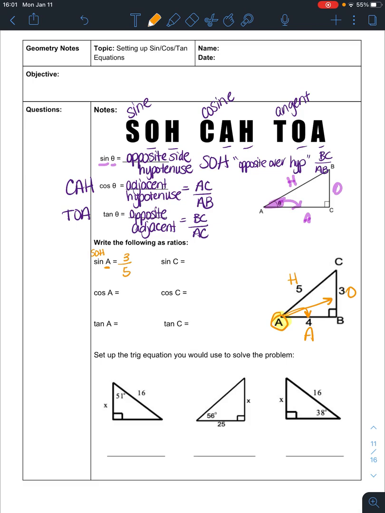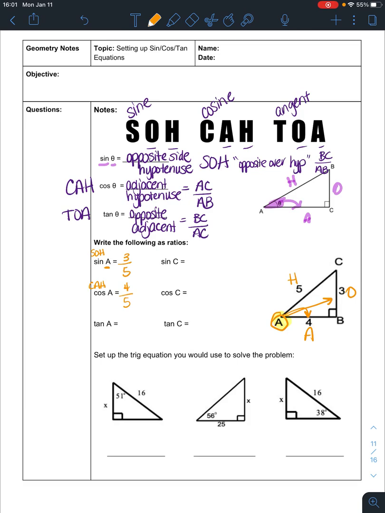Then let's look at the cosine. The cosine of A, cosine, CAH, so we need the adjacent side over the hypotenuse. We labeled adjacent as 4 and hypotenuse as 5. Now you can see how beneficial it was to go ahead and label your O, your A, and your H so that you only have to think about it one time for these 6 problems.